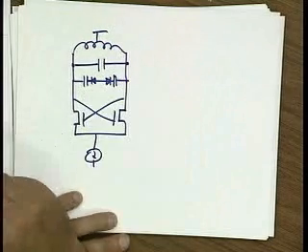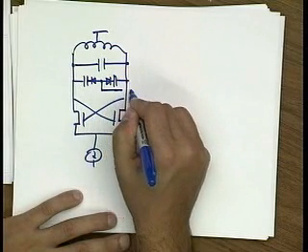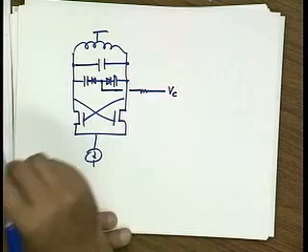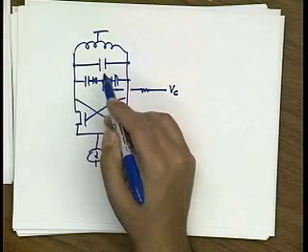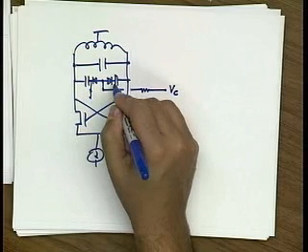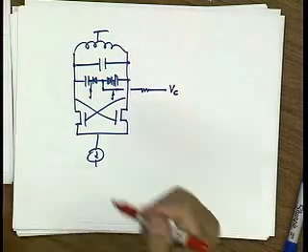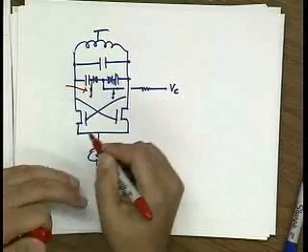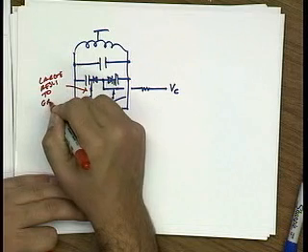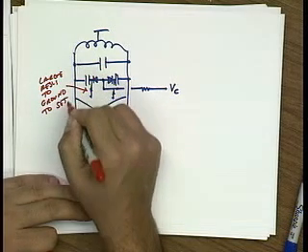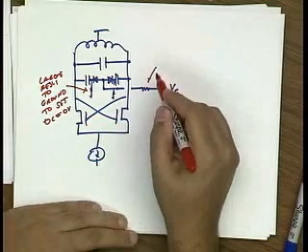This might be 2 series caps, as we talked about before. Then I'm going to call this the control node. And if you're antsy about the fact that this is a floating node, you could also put some resistors to ground. Basically, this is a large resistor to ground to set the DC equal to 0 volts. And this is also a large resistor.